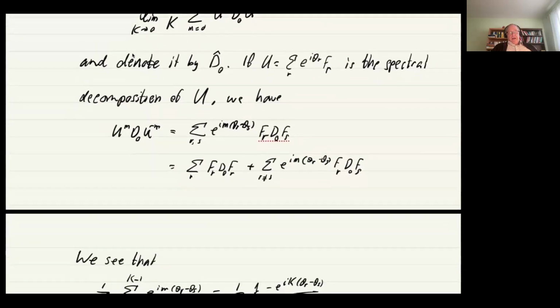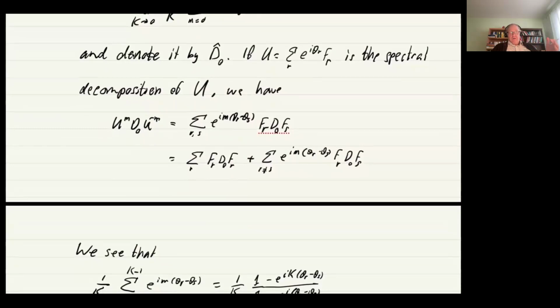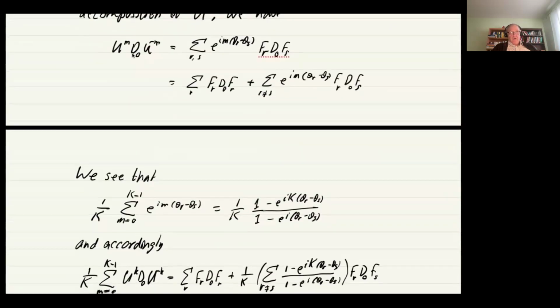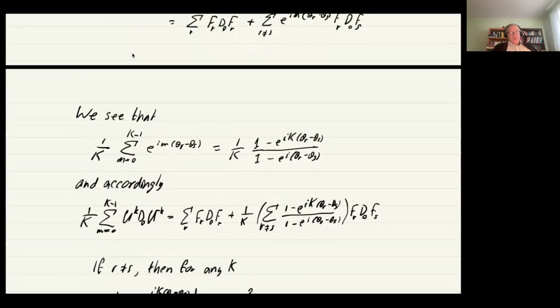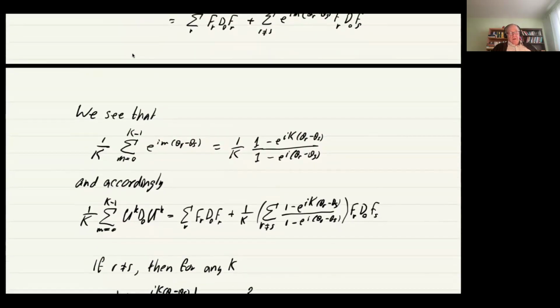It's a bit messier than the calculation with the integrals, and so I've got a few hints here. The point is the sum here can be written in this form. And so this is 1 minus zeta, a complex number of norm 1. This is 1 minus zeta to the k. And so then you work out that the average is equal to the diagonal part plus this.